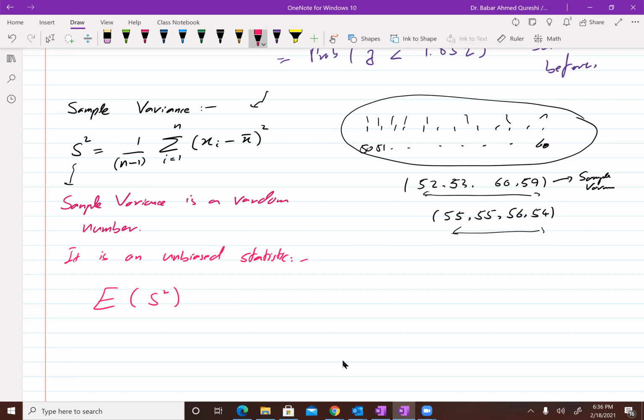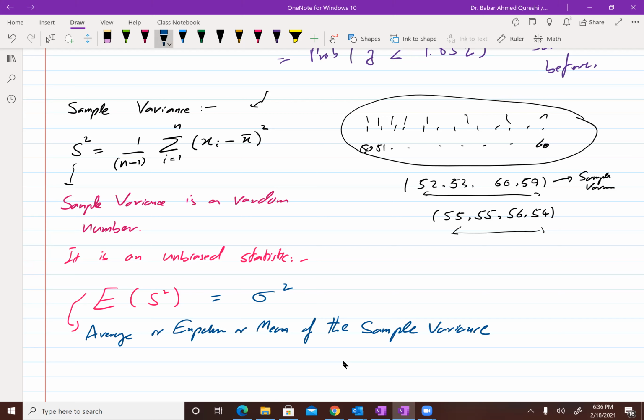But whatever this distribution is, you can compute according to that distribution what the average value of the sample variance is. So this is the average, or expectation, or mean of the sample variance. And this is equal to the variance, the square of the standard deviation of the original population. So that's a nice thing to know.